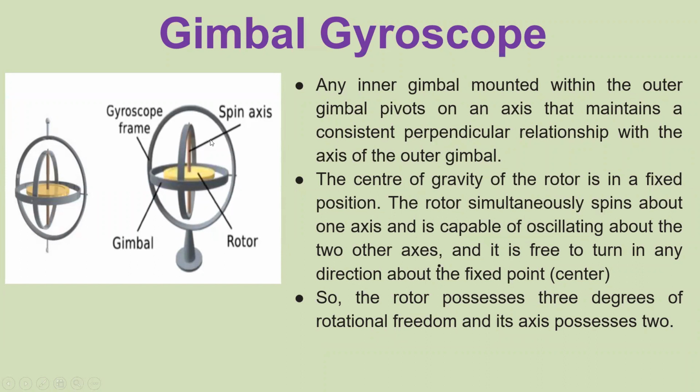Since we need three-dimensional orientation, these gimbals are mounted such that you can have three perpendicular degrees of freedom of motion. For instance, consider this outer one. This gimbal is hinged at this point. That means it can rotate perpendicular to this axis.